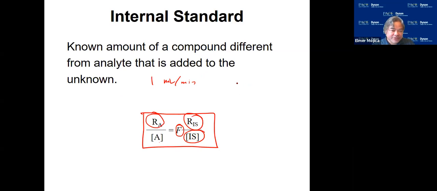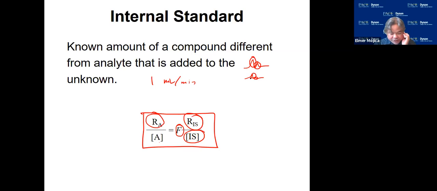When that happens, the signal may be affected. So maybe you have a signal like this, and in another run you have a signal like this. But what you're trying to do is get the ratio of the internal standard to the analyte that you're looking for.